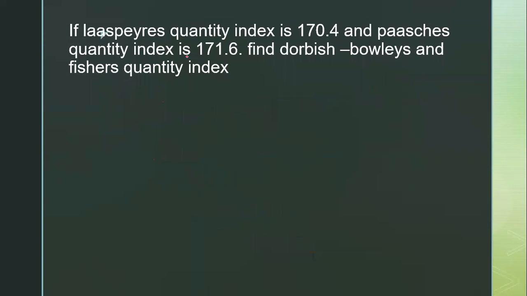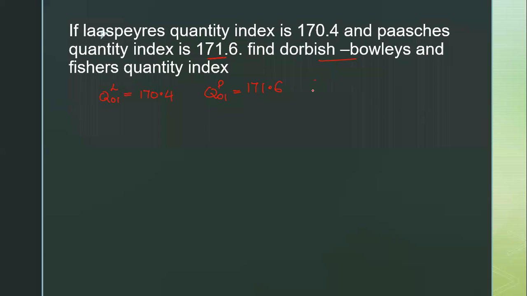Next one. If the Laspeyres quantity index is 170.4, that means quantity of the base and the current year under Laspeyres is 170.4, and the Paasche quantity index is 171.6. That means quantity of the base and the current year under Paasche is 171.6.